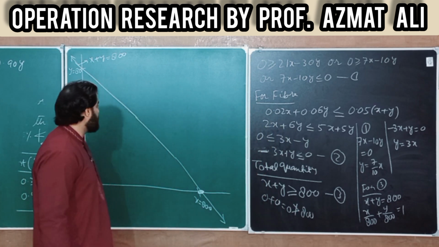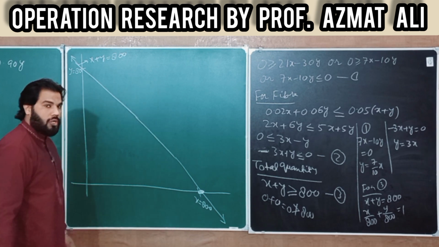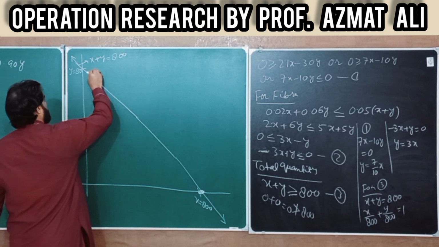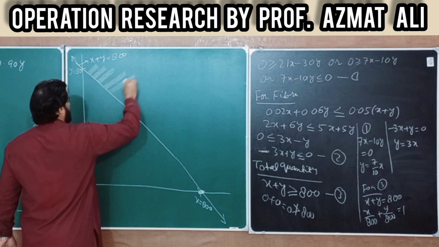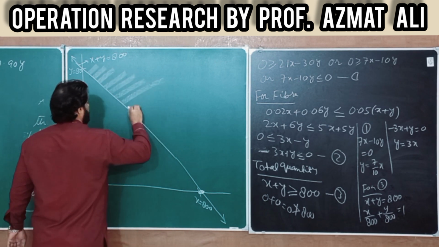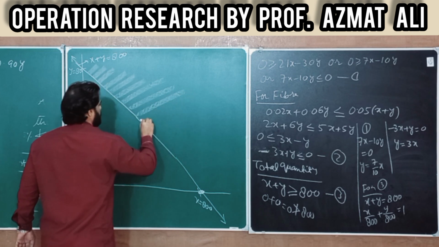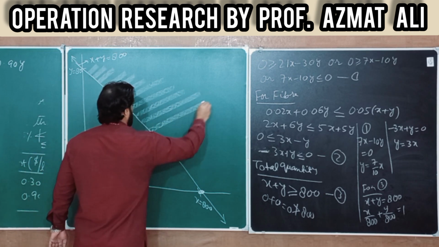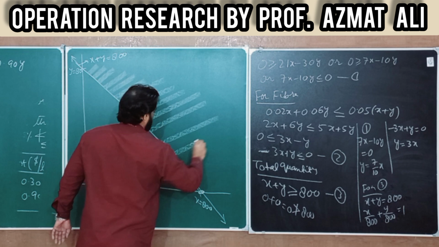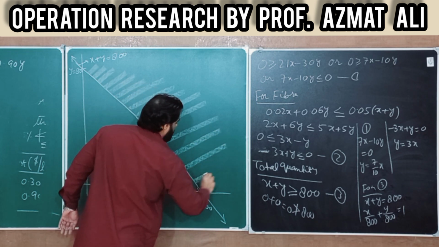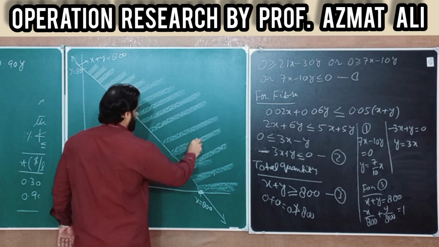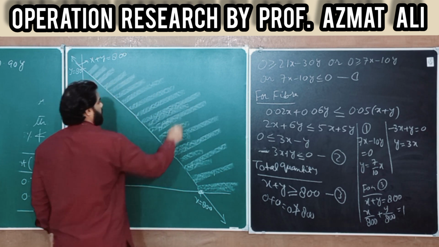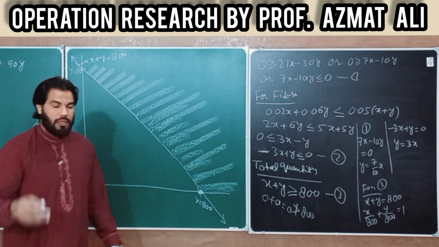So the graph of this inequality is away from the origin, that is above the line, starting from the boundary of the line. This is the graph of this inequality.